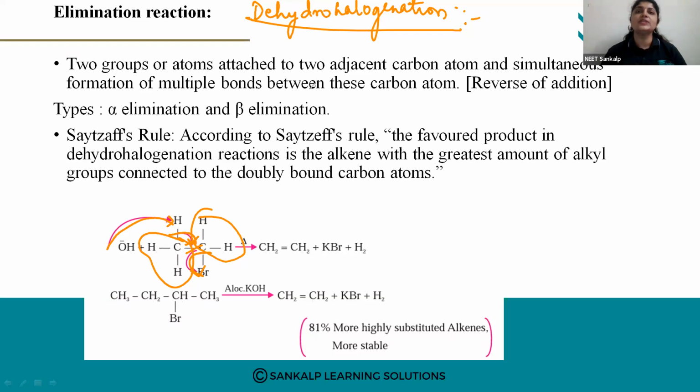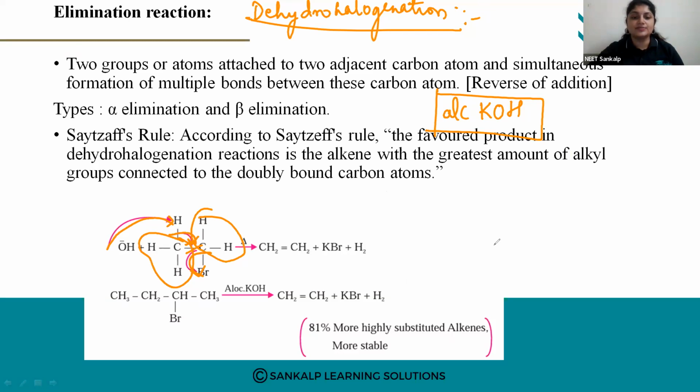If they ask you which is the dehydrohalogenating reagent, it is alcoholic KOH. Remember this. Alcoholic KOH means potassium hydroxide is dissolved in alcohol.